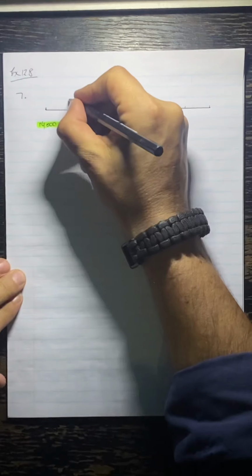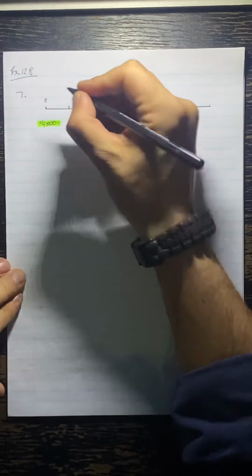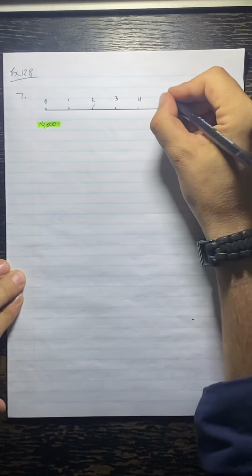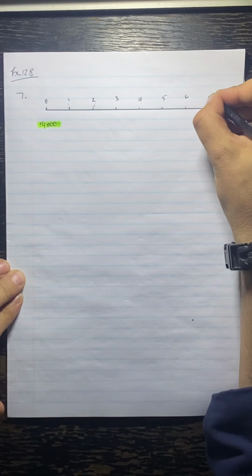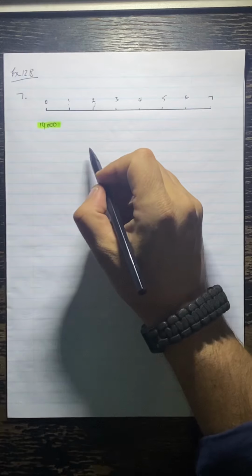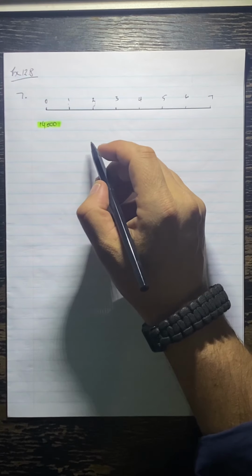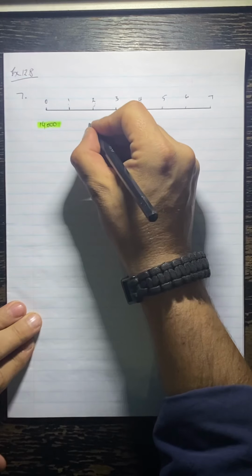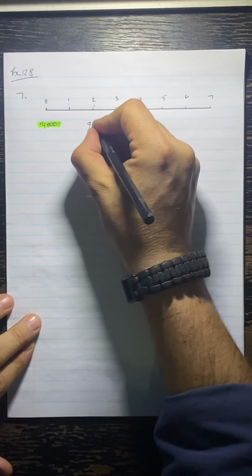So we've got this initial, 1 year, 2 years, 3 years, 4, 5, 6, and 7. So it says 2 years later, 9,500 is added to the savings account. So here's 2 years later, and we've got 9,500 is added into this account.